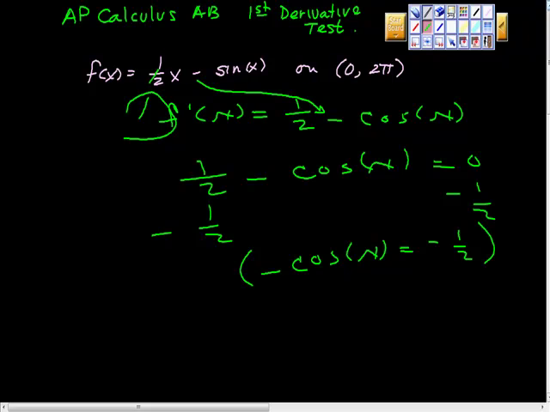Multiplying the whole equation by -1 gives us cosine x equals 1 half.